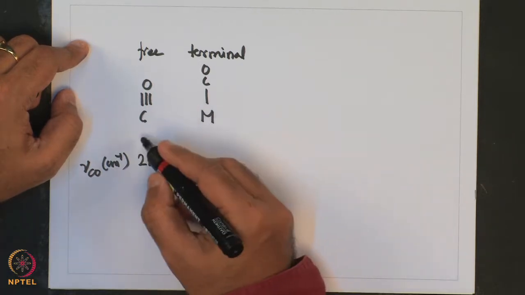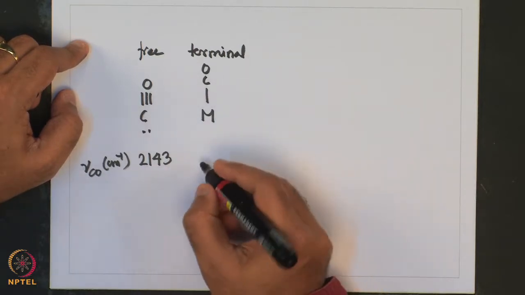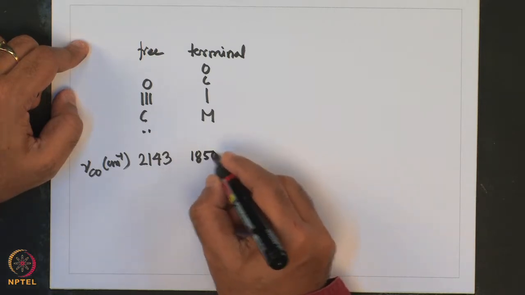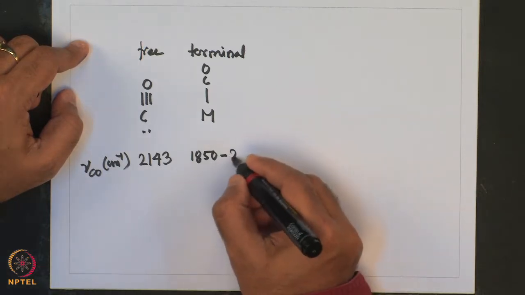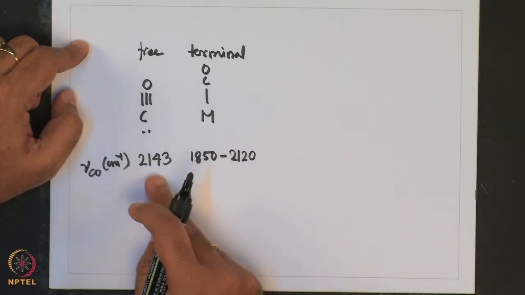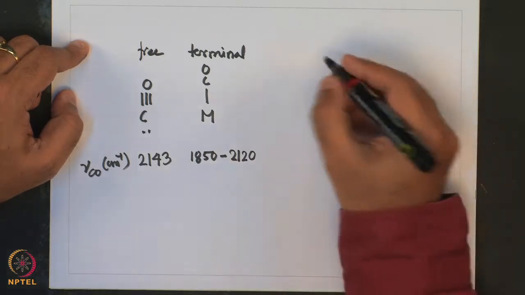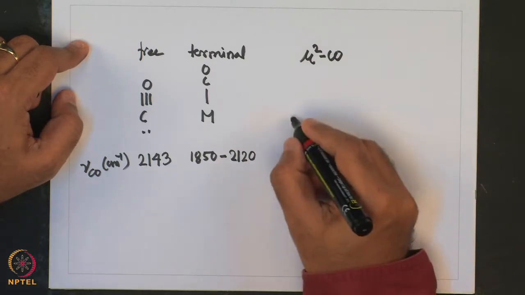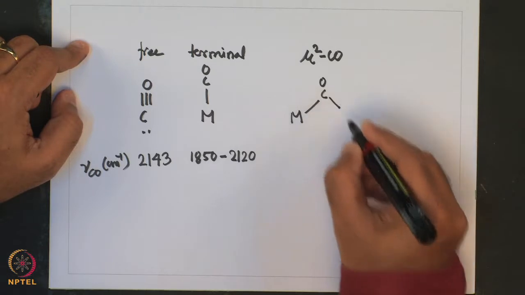Now, as opposed to free CO, the metal can undergo pi back donation to the extent of its electron richness, and one can observe a range where it has gone down to 1850, where a significant amount of back donation has happened, to 2120, which is very high and close to 2143, where a minimal amount of back donation has happened, to mu 2 CO, where CO can bridge between two metals.